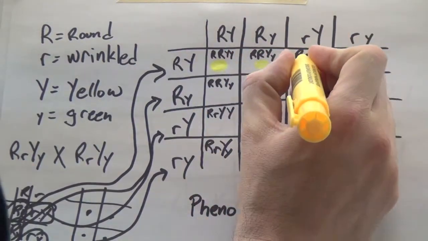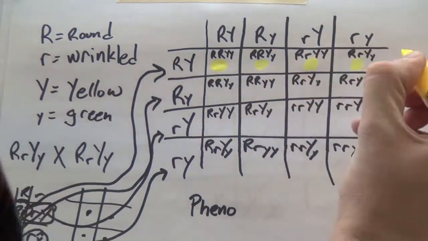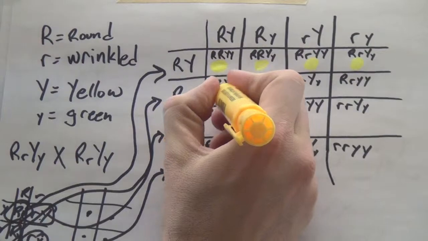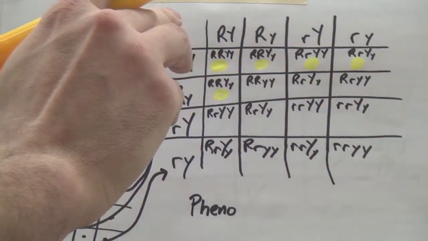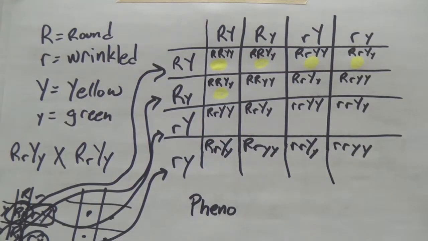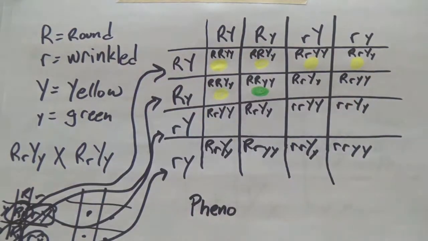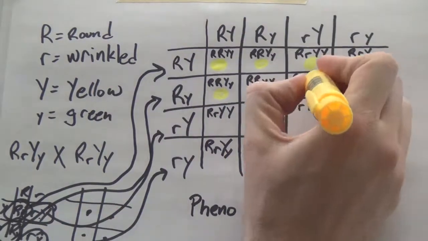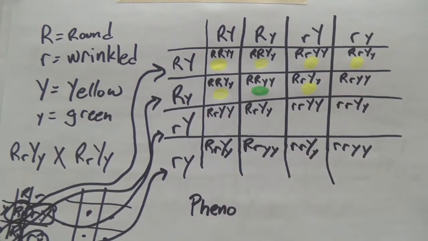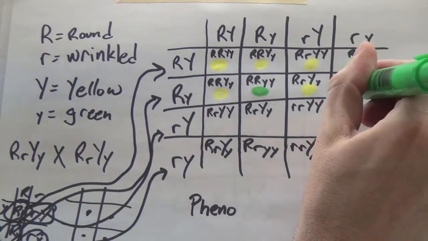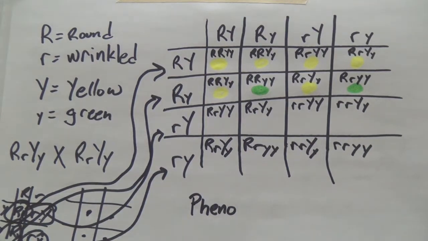That's the dominant trait. Dominant, dominant, round and yellow. Dominant, dominant, round and yellow. Dominant, dominant, another round and yellow. Dominant, recessive. It's still going to be dominant round, but now this baby's going to be green, right? Dominant yellow, so round and yellow. Another round, but a recessive, which means round green.